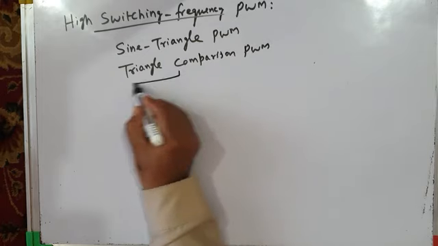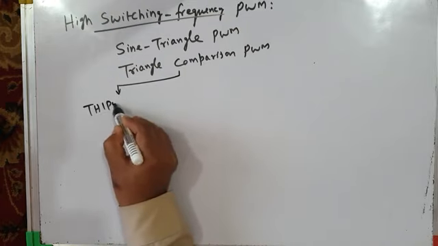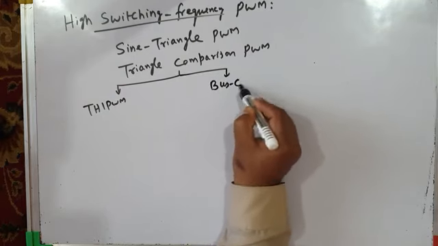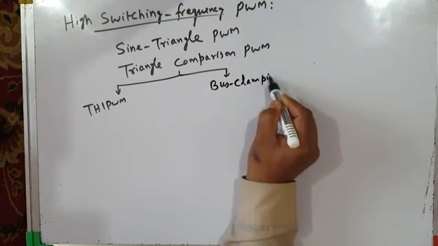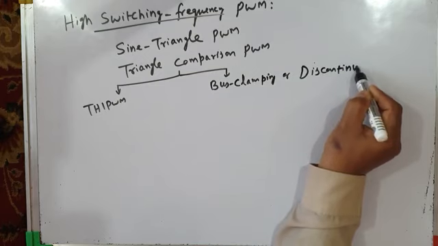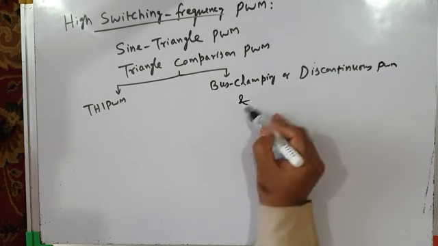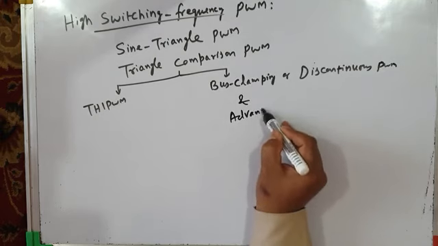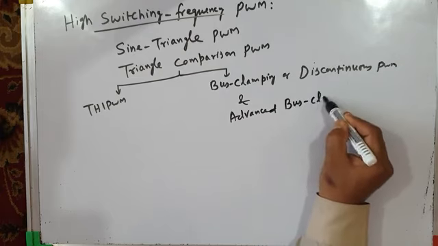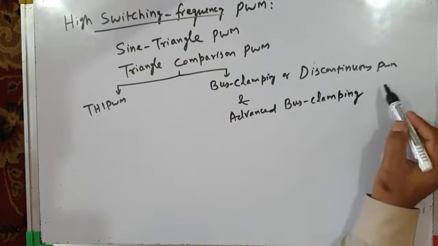For example, this can be divided into third harmonic injection PWM, and this can also be divided into bus clamping PWM or discontinuous PWM techniques, and advanced bus clamping techniques using space vector approach, because we already know advanced bus clamping techniques are possible only through space vector approach, not through triangle comparison approach.